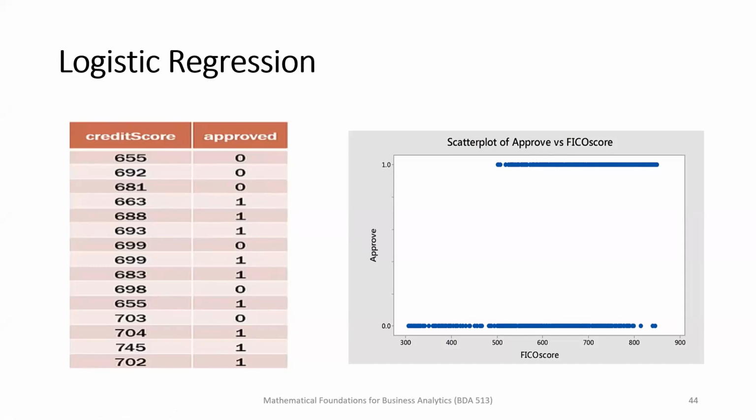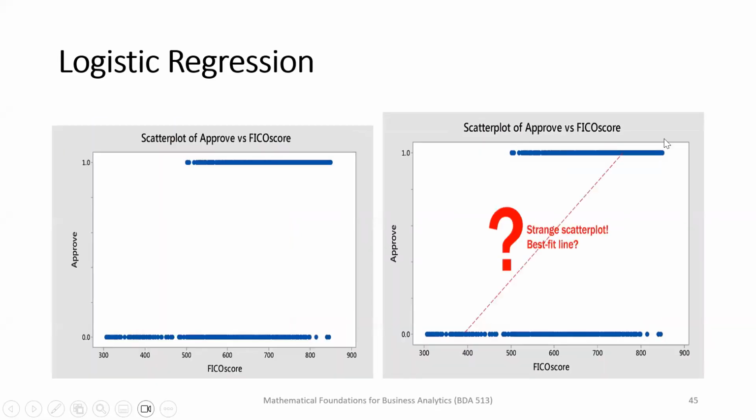Now, should you plot this on a scatter plot like we've been doing for regression? This is how it will come out. You just have various ones and zeros cluttered together. Here, basically, you cannot plot a line of best fit, because the model wouldn't understand.